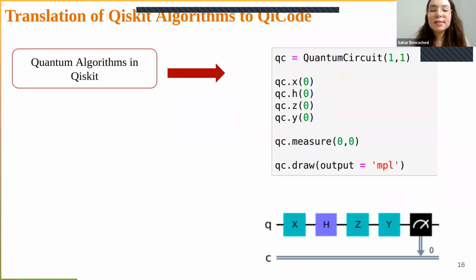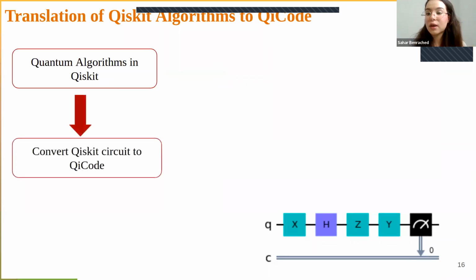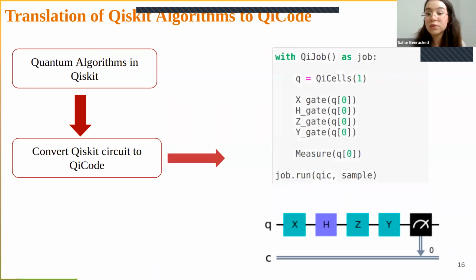So this sequence that is given in Qiskit, at the level of the QiController backend class, will be converted into an equivalent sequence given in QiCode. So this is what we create. We create a QI job, which is an object that is supported and specific to the QiCode.